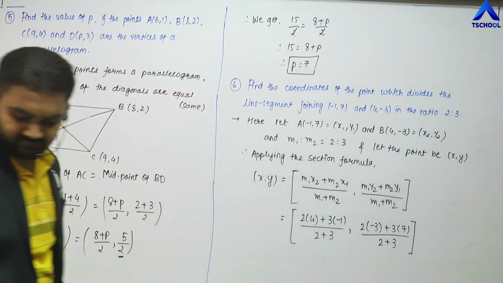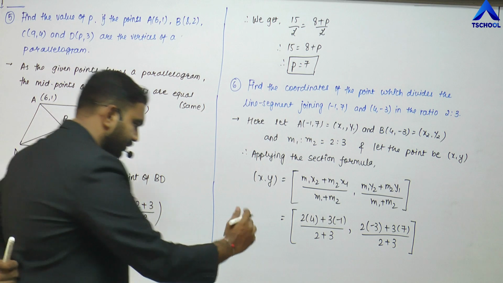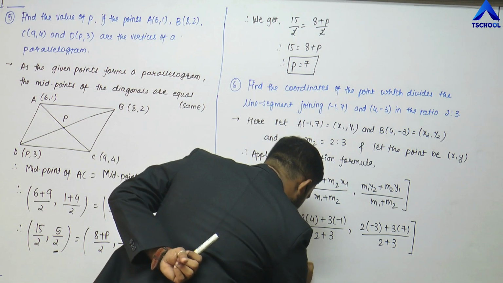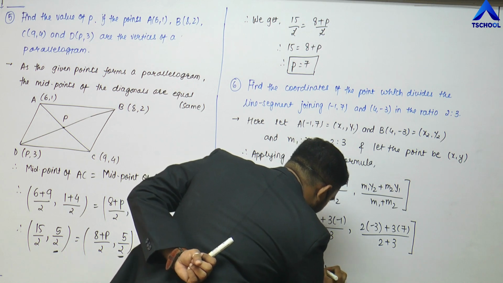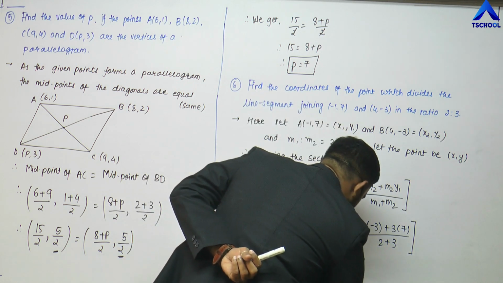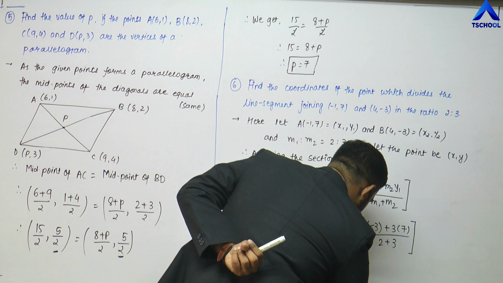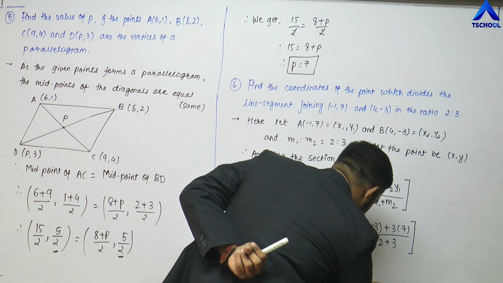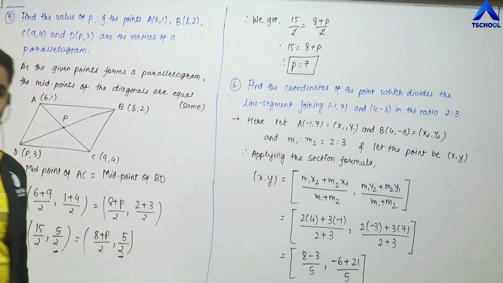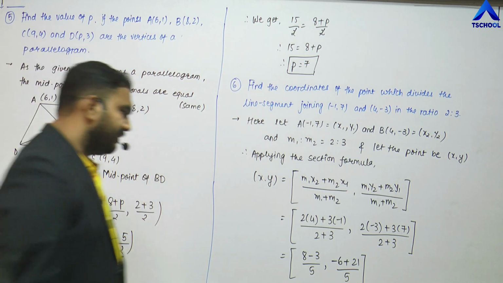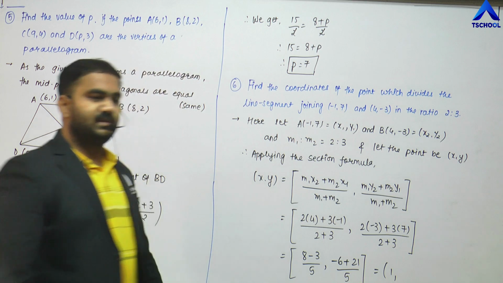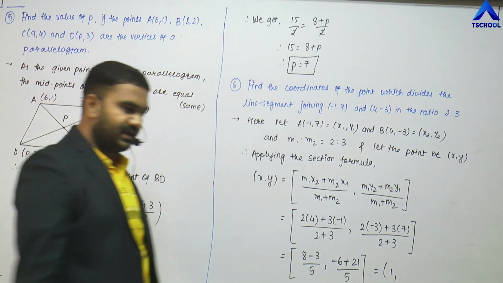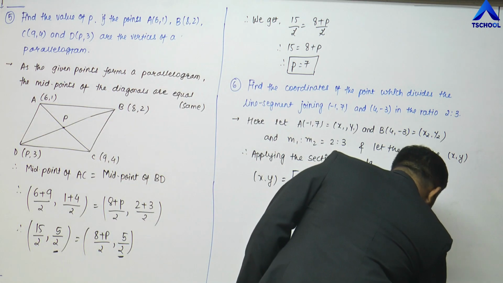So let us simplify this. 2 into 4 is 8, minus 3, upon 5, comma, minus 6 plus 21 upon 5. 8 minus 3 is 5, and 5 by 5 is 1. Minus 6 plus 21 is 15, and 15 by 5 is 3.